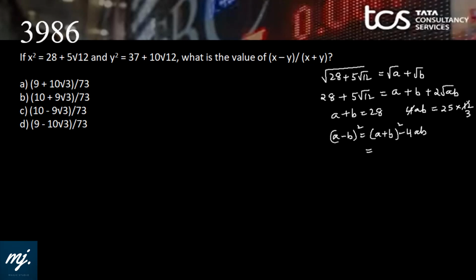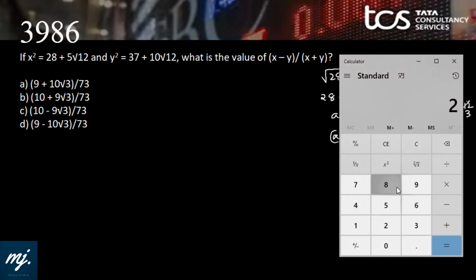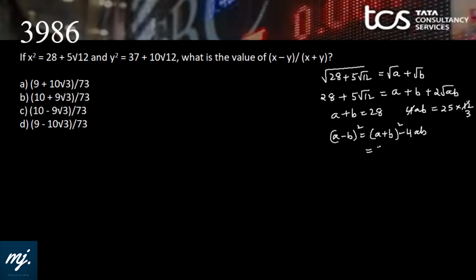So a plus b whole square is 28 square, that is 784, minus 4ab, which is 25 into 12, that is 300. So a minus b squared is 484, and 484 is 22 square.